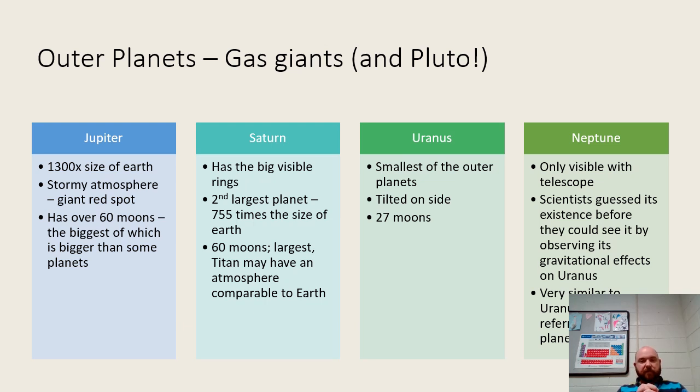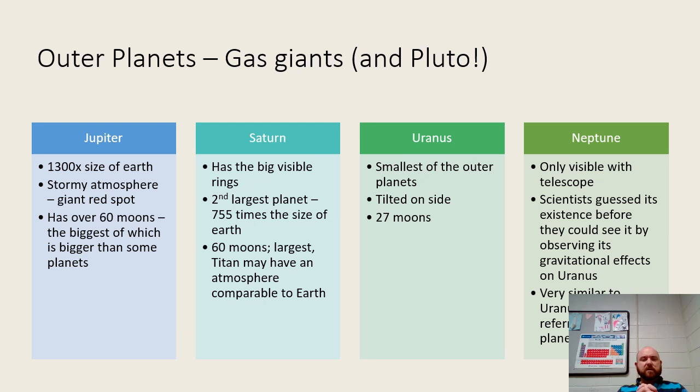The bigger two, Jupiter and Saturn, have over 60 apiece, and Uranus and Neptune have 20 or 30 themselves. So, whereas the interior planets have one, if that, these outer planets have over 100 between the 4 of them.